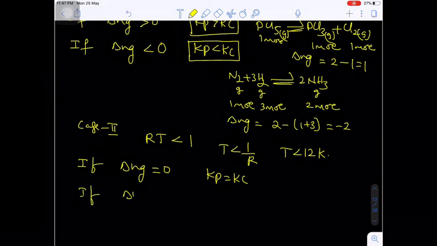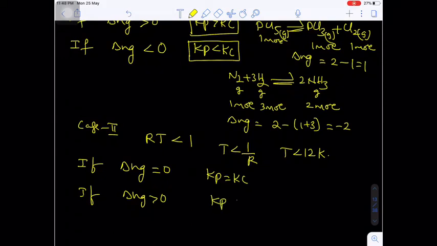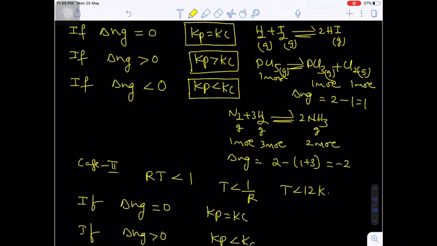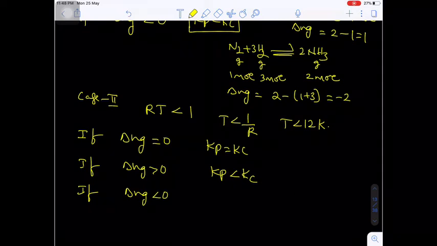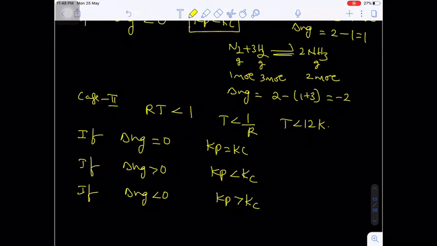If delta Ng is greater than 0, then the reverse: Kp less than Kc. Earlier Kp was greater than Kc, here Kp is less than Kc. If delta Ng is less than 0, then Kp should be greater than Kc.